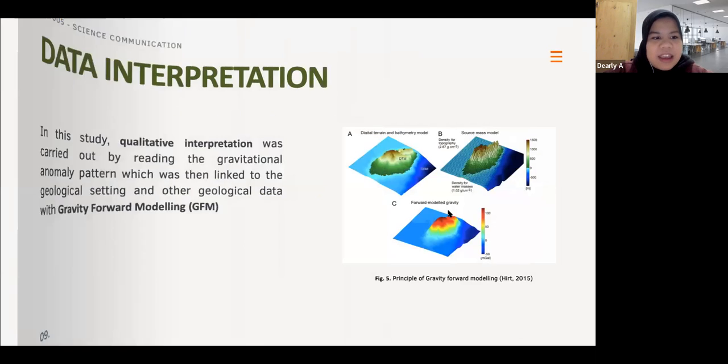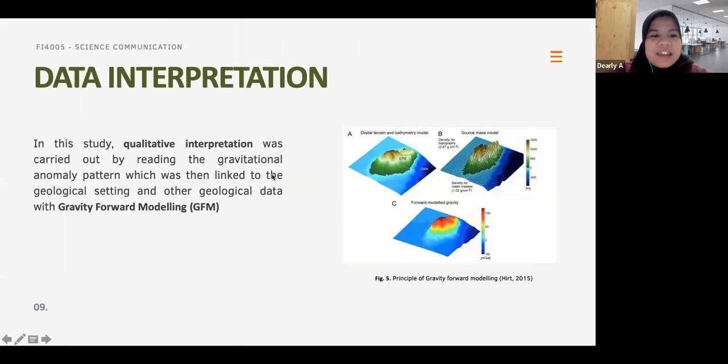And in this study, qualitative interpretation was carried out by reading the gravitational anomaly pattern, which was linked to the geological setting and other geological data with gravity forward modeling. Forward modeling is a form of modeling in which a model that represents subsurface anomalies is solved.